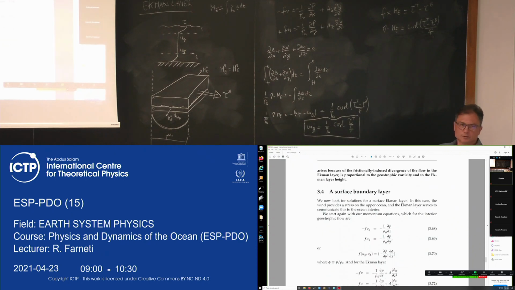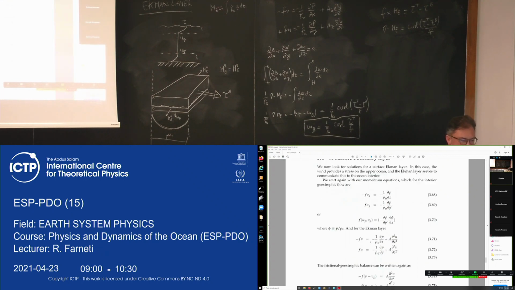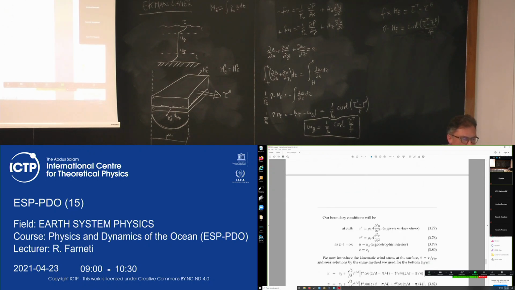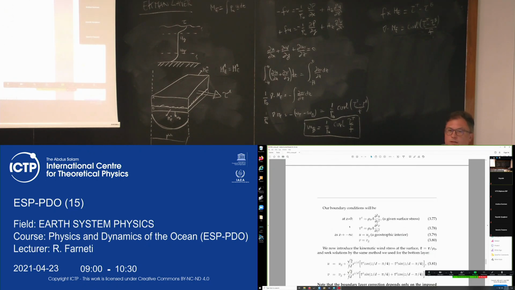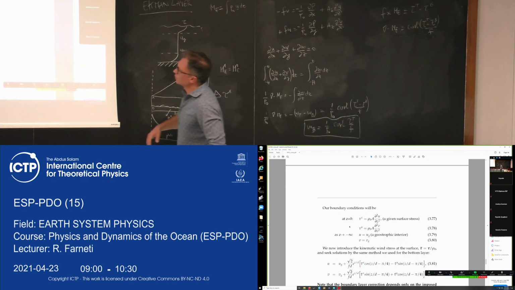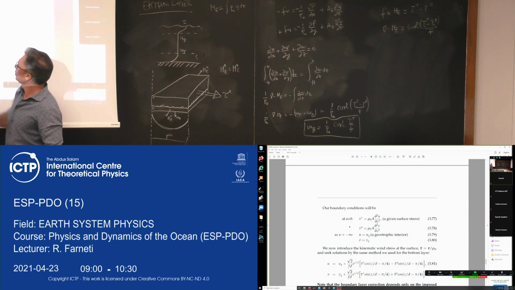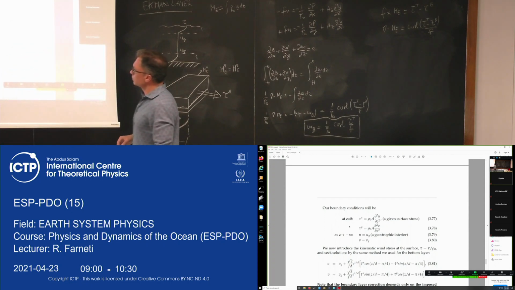Then if you do the same thing for the surface boundary layer, it's exactly the same but upside down. Take the same set of equations, you do exactly the same thing, and then you give the boundary conditions. Now the boundary conditions are, at z equals 0 at the surface, you have the wind stress, which we can express that way.